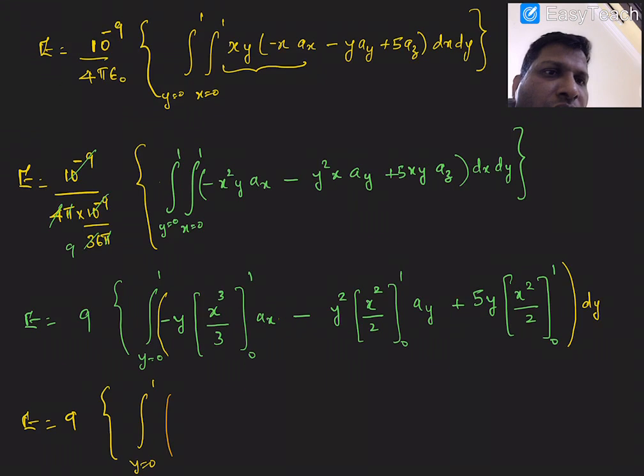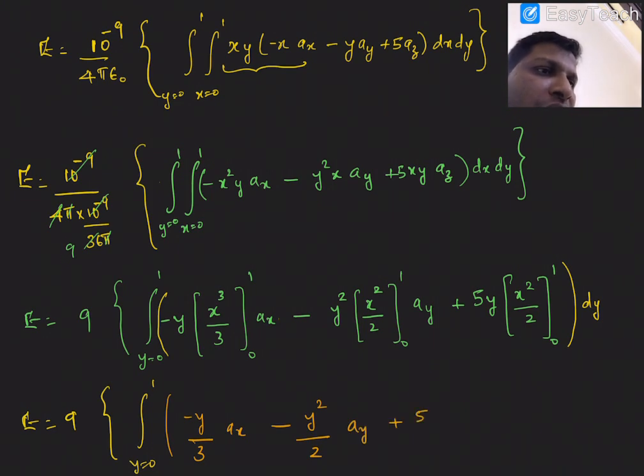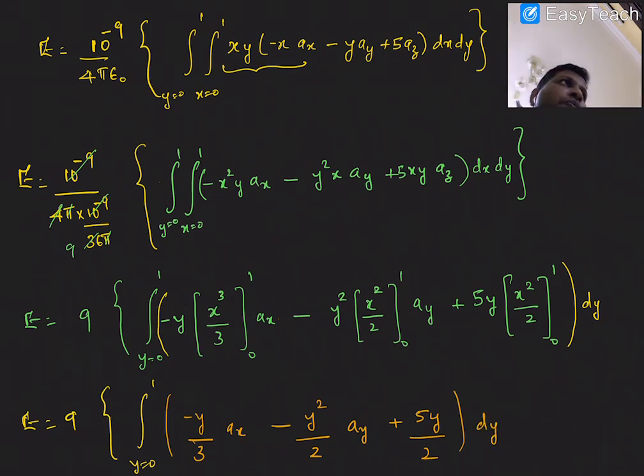I can take this as minus y, and 1 cube by 3, that means y cube by 3 becomes 1 by 3 into ax, minus y square by 2, because 1 minus 0 becomes 1, into ay, plus 5y divided by 2, it becomes 1 by 2, then multiplied with dy. So this will be my electric field.